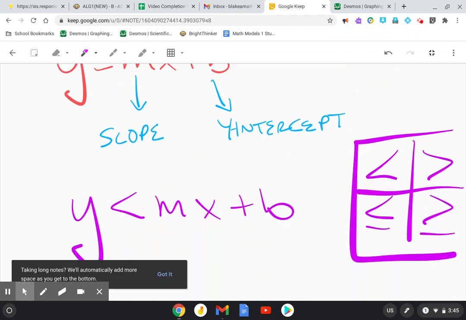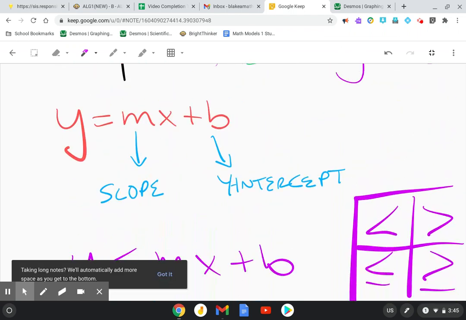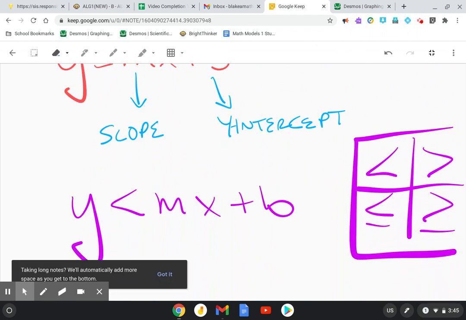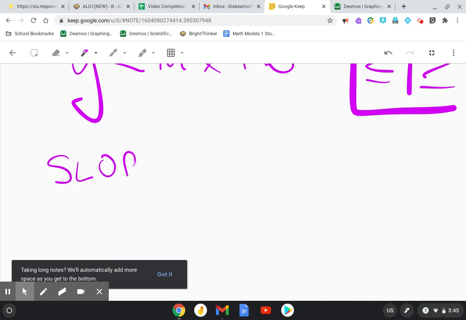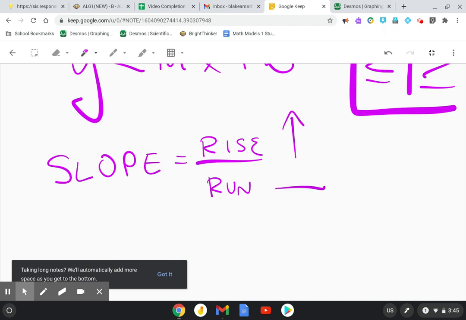Remember that, like I said here, the slope and y-intercept of the graph are the m and the b. Okay, so these are the m and the b as well in the inequality, so that still holds. So those values there tell me how the graph looks. Remember that the slope of a line is also known as the rise over run, and it tells me how much the graph goes up and over.